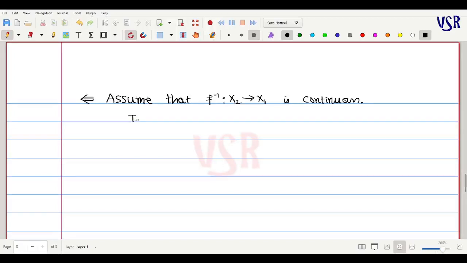To prove f is an open map. To show it is an open map, I am going to take an open set. Here f is a function from X1 to X2. So let G, a subset of X1, be an open set, open in X1.